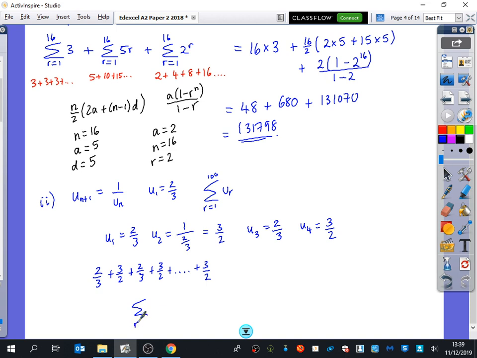So the sum from r equals 1 to 100 of U r is going to be 50 lots of 2 over 3 and 50 lots of 3 over 2. When you add that together, we should get 325 over 3. Let me just double check that that's the right answer. Yep, 325 over 3.